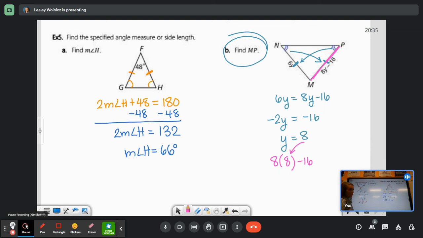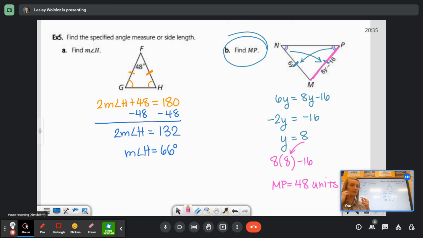So 64 minus 16 is 48. So the length of segment MP is 48. And we don't know the units, so we can just say units.